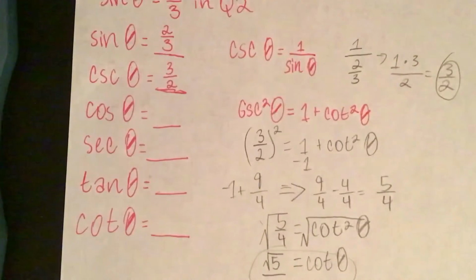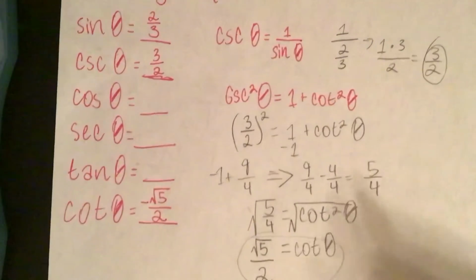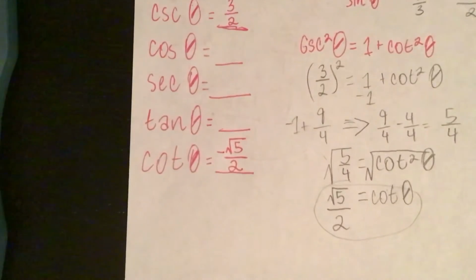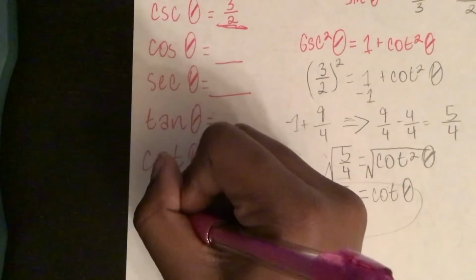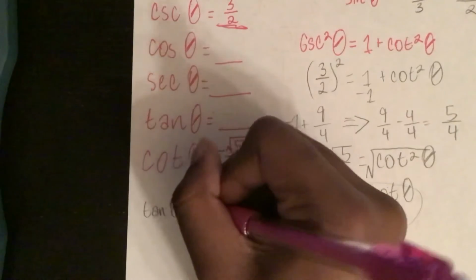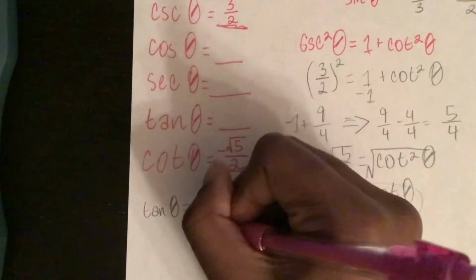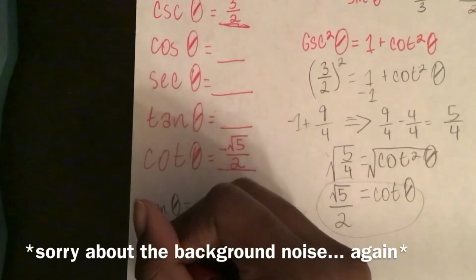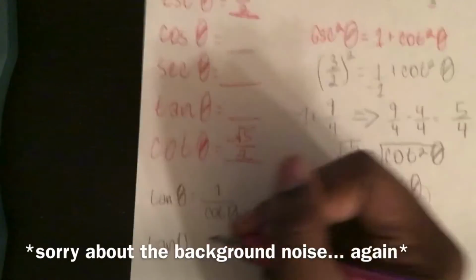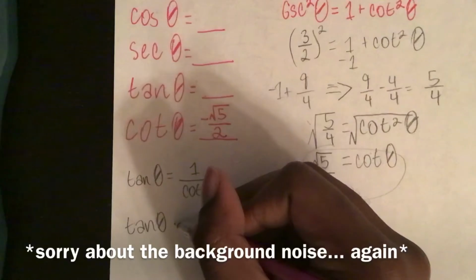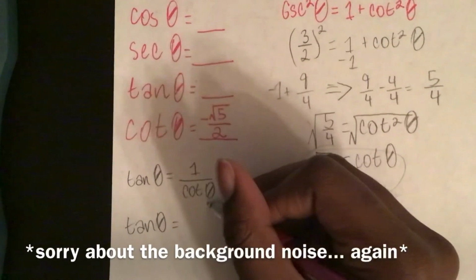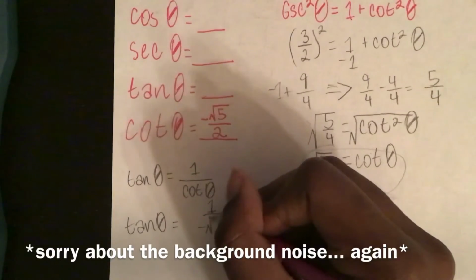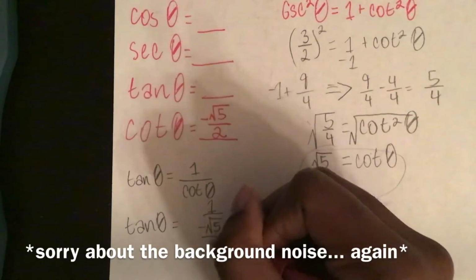So the answer is going to be negative square root of 5 over 2, and using this, we can find tangent now because with our reciprocal identity, we know that the tangent of theta is equivalent to 1 over the cotangent of theta, which means that the tangent of theta is going to be 1 over negative square root of 5 over 2.